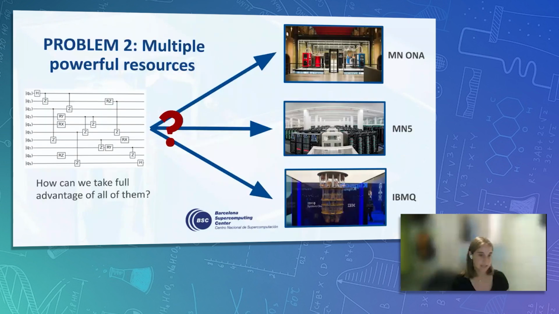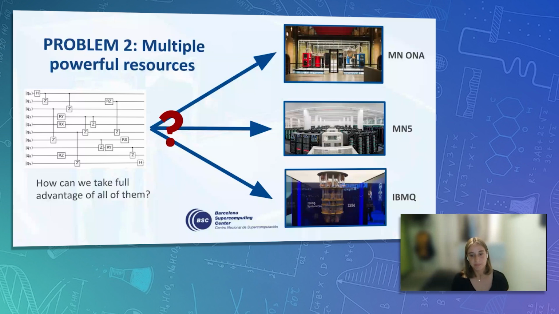The second problem is that we have multiple powerful resources. As we know, in BSC we have Mare Nostrum 5, which is a huge supercomputer with CPUs and GPUs. We also have right now a Mare Nostrum Mono, which is the first quantum computer that we have here at BSC. Right now, we have a 5-qubit chip, and the 10-qubit chip is about to start working.